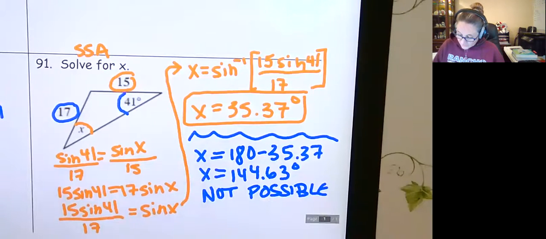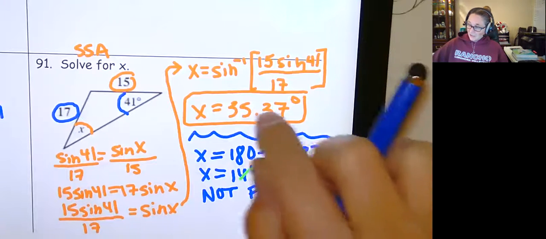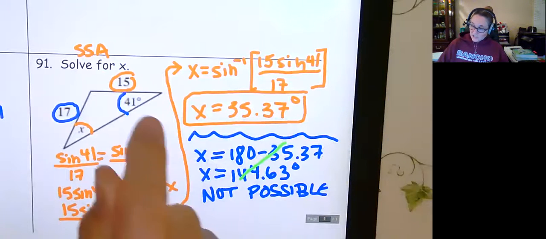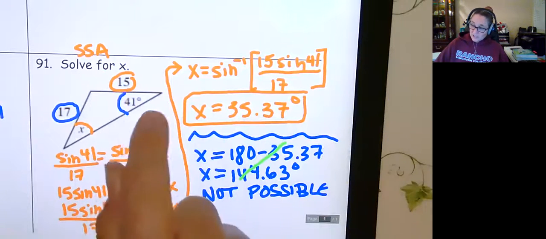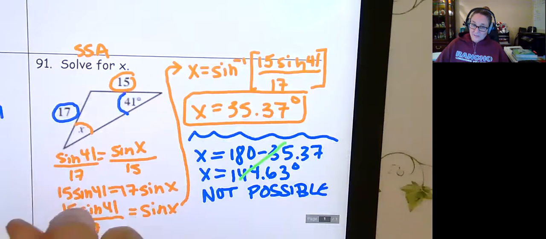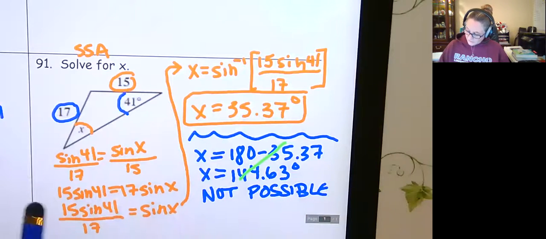So this one was a no. Okay, again, because when I take 180 minus this angle to find the other possibility, I need to make sure that I don't get something that's too big, that when I add it to 41, I'm already beyond 180. Okay, so this is your only answer right here. And let's see, next one. Yep, that's the end of this one.